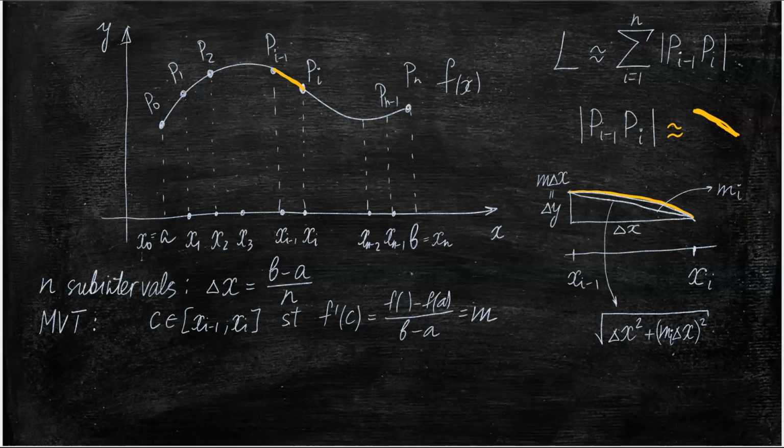And I guess I shouldn't be using b and a here. I should be using xi minus 1.